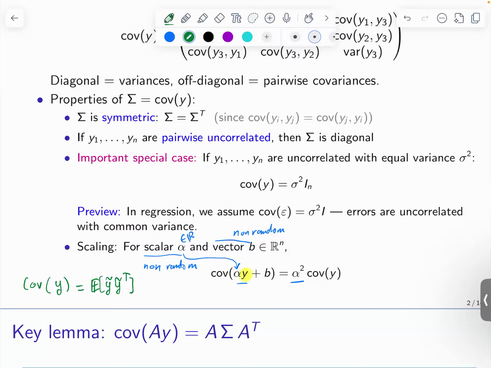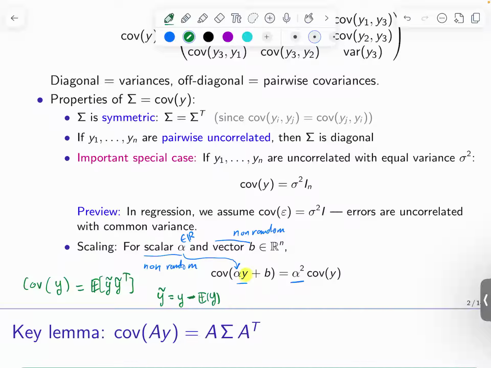Yeah, it's the centered version of y, so y tilde would be y minus its mean. And so this process of removing the mean would remove any constant d. If you construct, let's say, y plus d, this will not change, because d comes out of the expectation and gets canceled out. So centering removes the shift, and so this quantity remains the same.